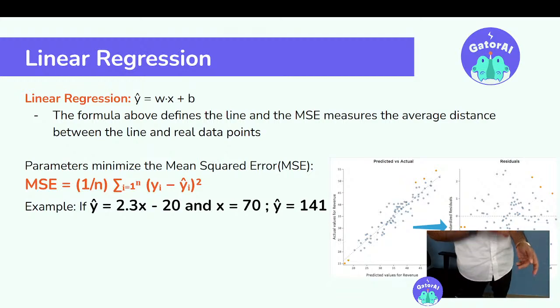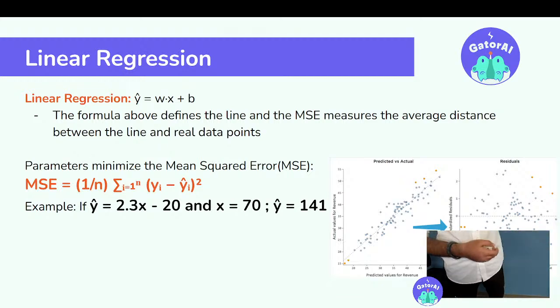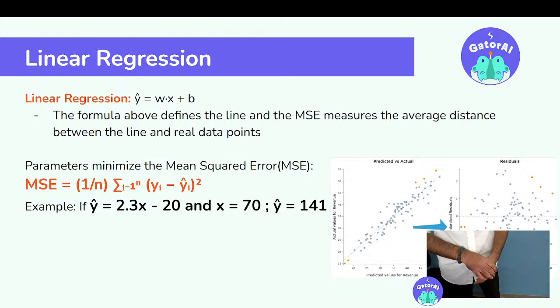We have to square the errors because this makes sure that whatever positive and negative errors we have, they don't cancel out. It also makes sure that the larger the error is, the more it's penalized, the more it's recognized that that is not supposed to happen as compared to the smaller errors. So we want to essentially prioritize the bigger errors and then move on to the smaller errors to make our model as efficient as possible.